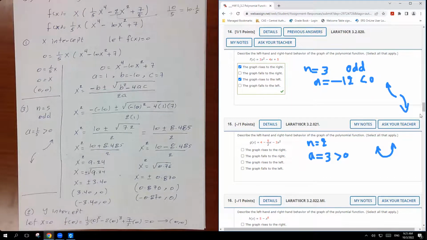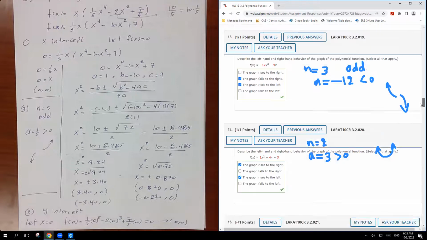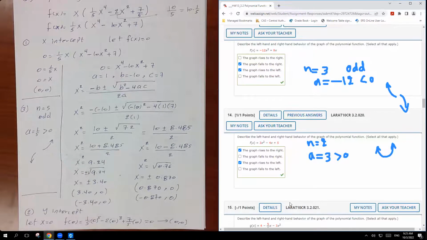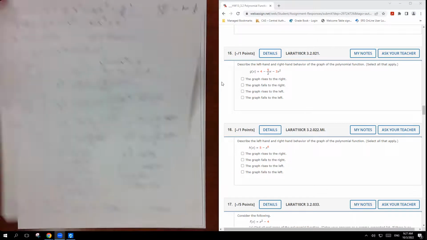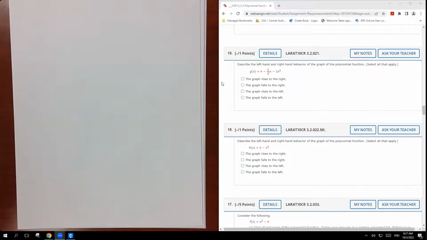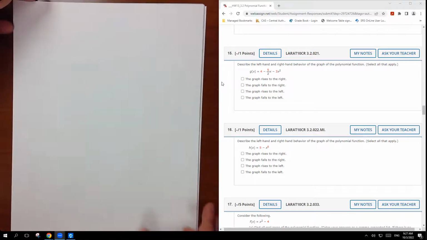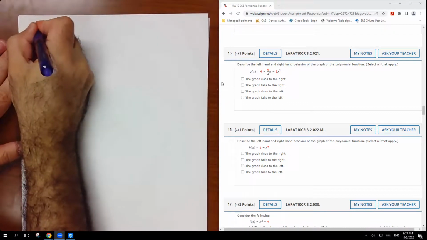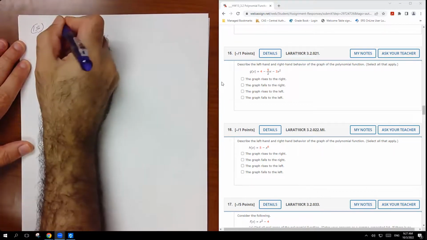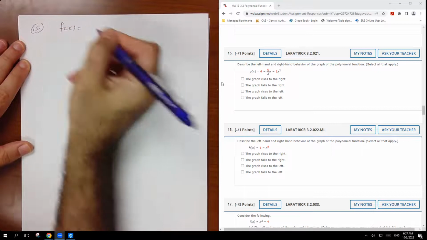Now I have to clean up. Always before you write down the end behavior, make sure the function is written from the highest exponent to the lowest one. If you look at example 15, it's a tricky one because we're going to write down the function again.